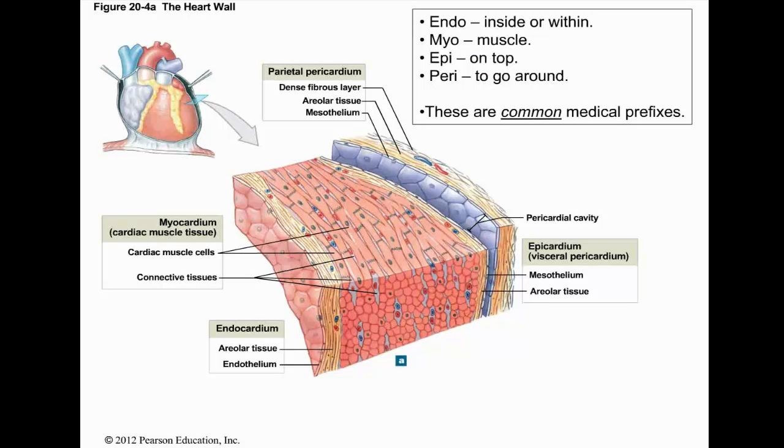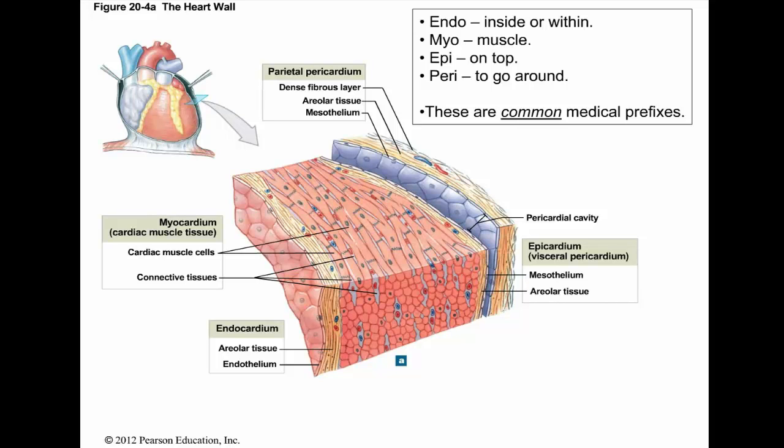If we take a moment to look closely at how the cardiac muscle is actually constructed, the actual surface of the heart, you can see that the closest layer to being in contact with the blood is called the endocardium. The next layer is called the myocardium, and this is cardiac muscle.